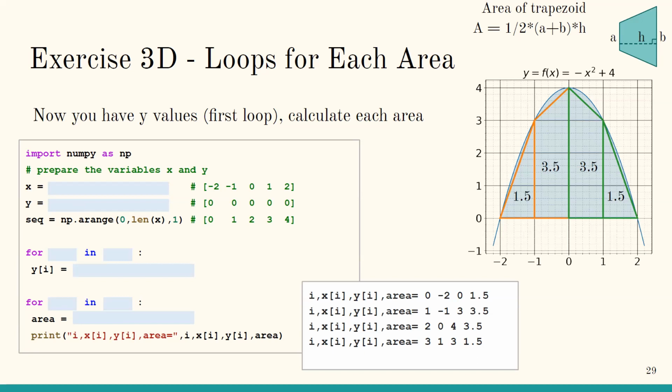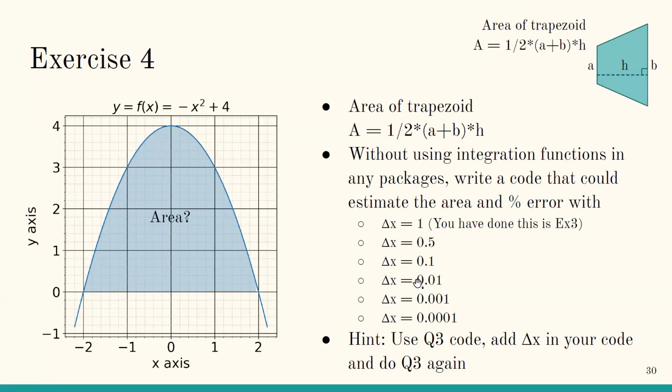So once you can make your delta x into a variable where you can adjust, then you have done all the things right here, all the variables, because it's changeable, right? You can change it anytime you want, right? So the hint here is to use question 3 code and then add delta x in your code. Do question 3 again.